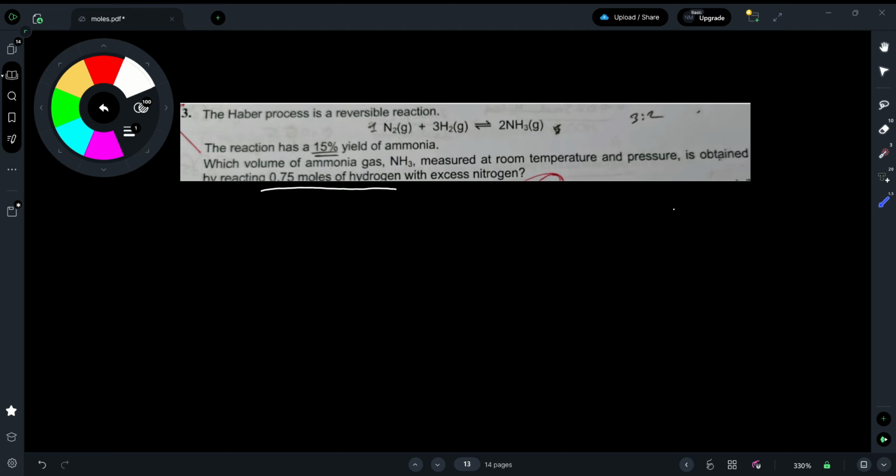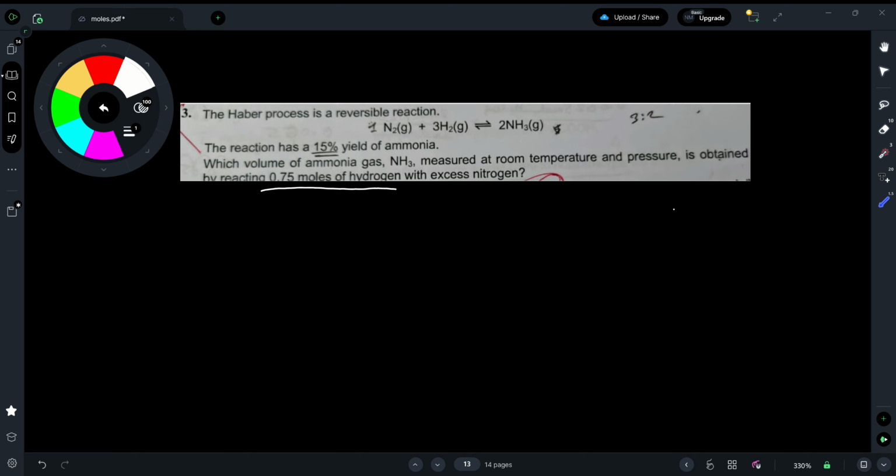First, the question asks which volume. This is an MCQ. What volume of NH3 measured at room temperature and pressure is obtained by reacting 0.75 moles of hydrogen? So first, what we have to do is find the volume of ammonia gas.